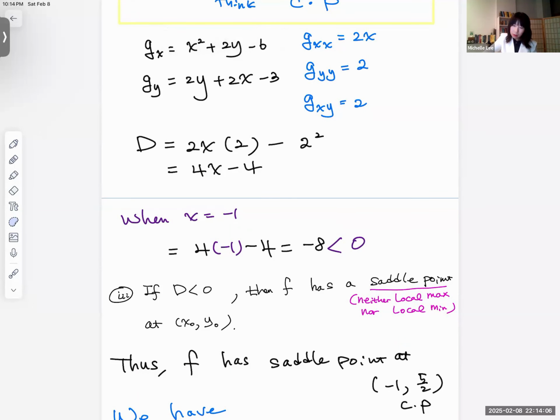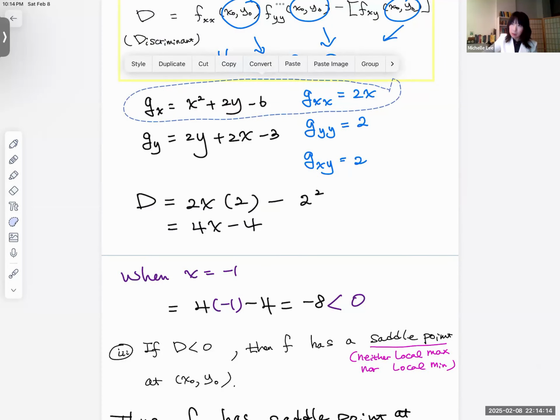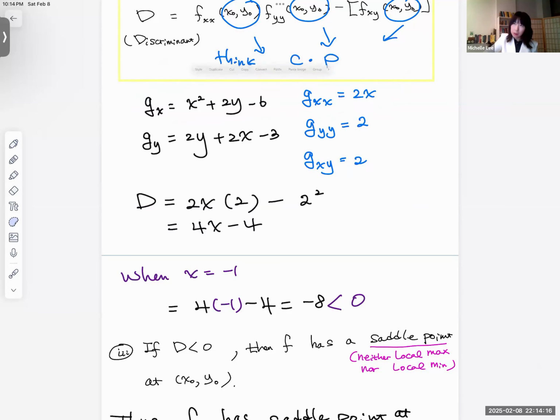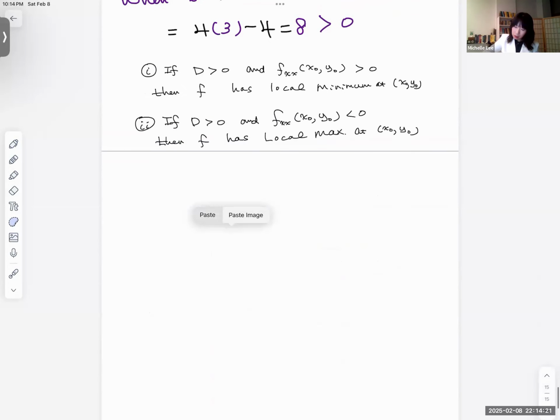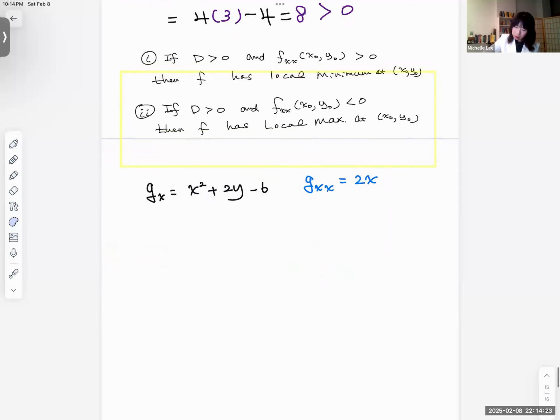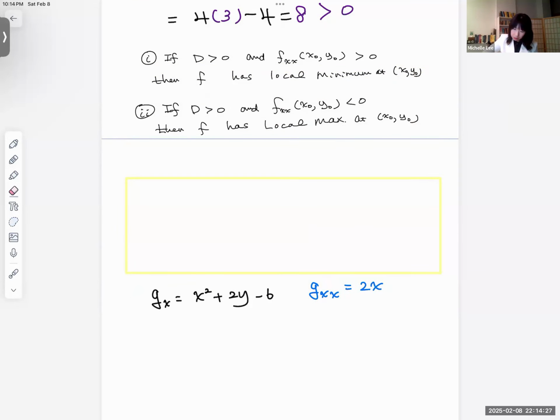Oh, we have that too. Second derivative, this one, right? Copy that. Let me erase this one first. Okay.